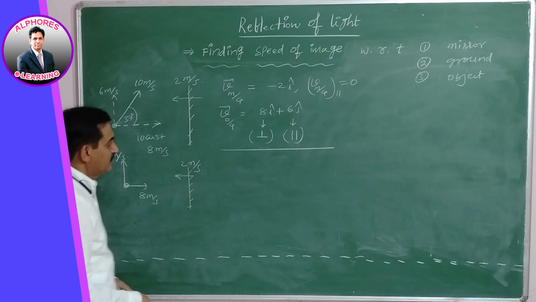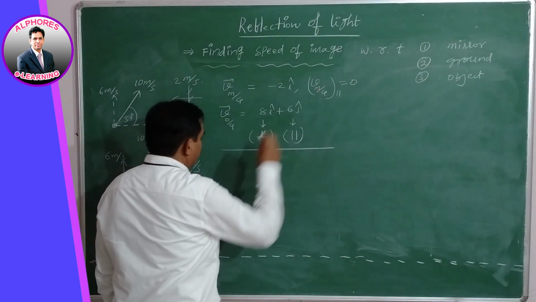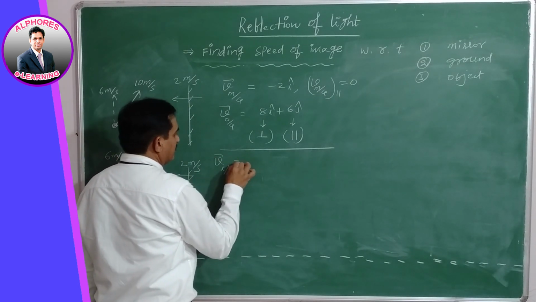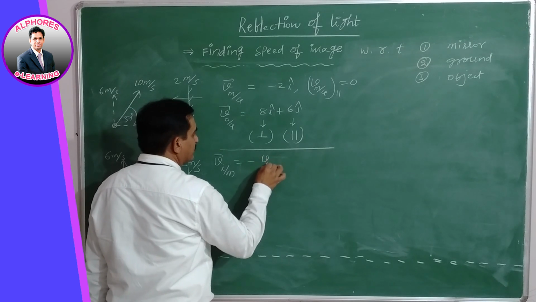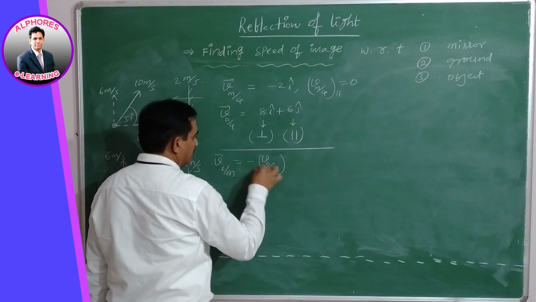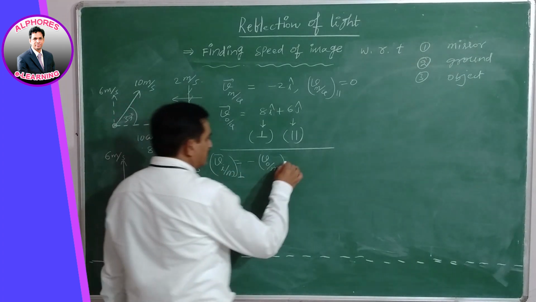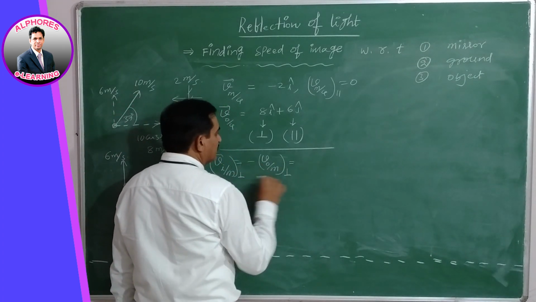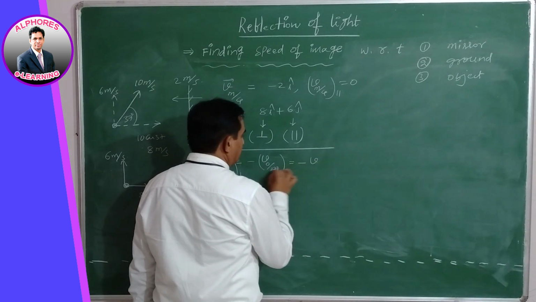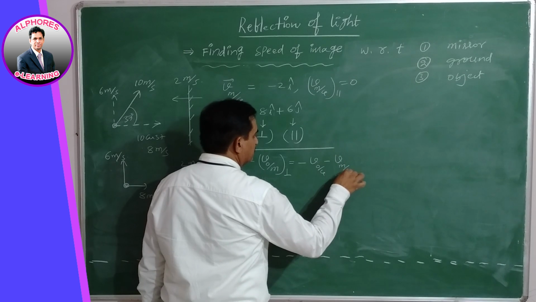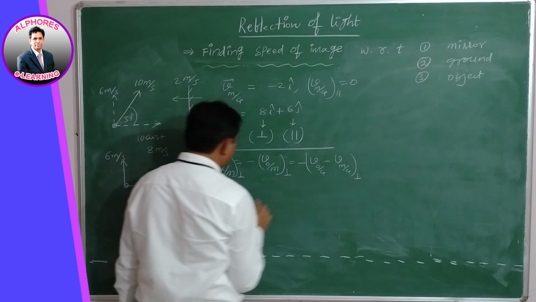Now, go for the first question. The speed of image with respect to mirror is equal to minus the speed of object with respect to mirror, perpendicular component. Right? So we can write this as the relative velocity of object with ground minus mirror with ground, perpendicular components.